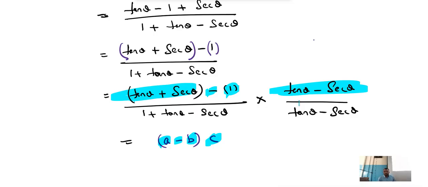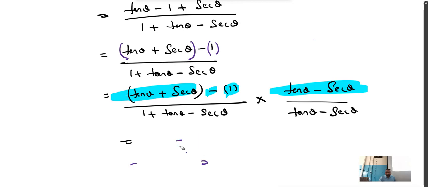A minus B into C. If you multiply, what happens? A into C, AC, minus B into C, BC. Now can we multiply C with A, C with B? Shall we multiply like this? Yeah.